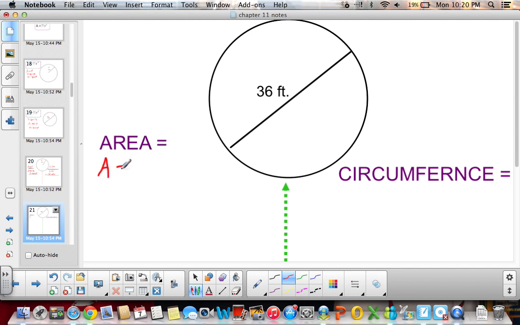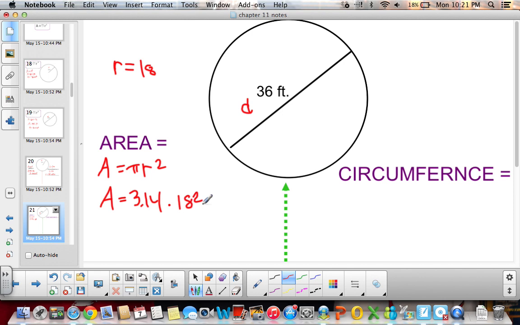So we have area equals pi r squared. This is my diameter, so it tells me that my radius is 18 feet. So A equals 3.14 times 18 squared.